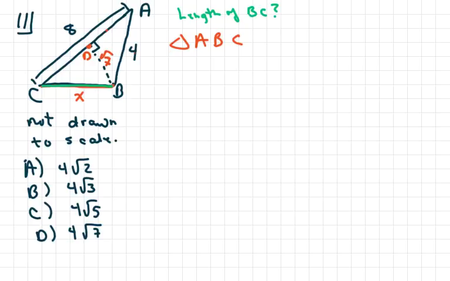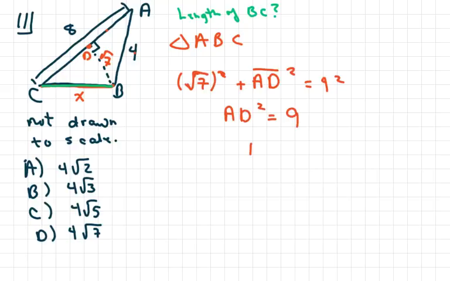So we have square root of 7 squared plus AD squared equals 4 squared. So basically AD squared equals 9. So AD equals 3. So this is 3.